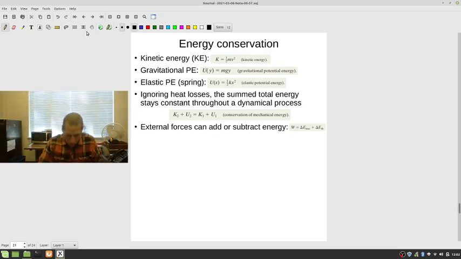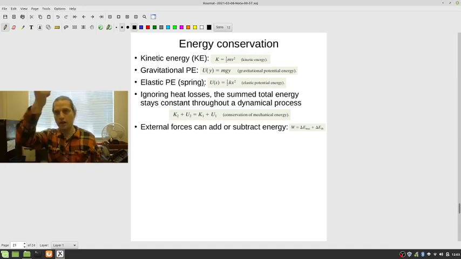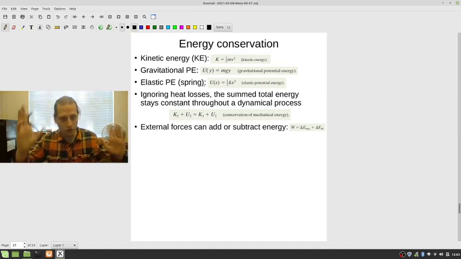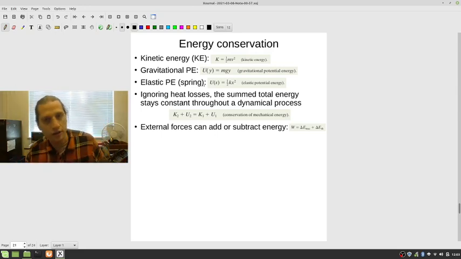And so the way that we've been conceptualizing problems here at the end of the unit is by simply saying we've got a bunch of different types of potential energy. We have the kinetic energy of our object, which is the energy of motion. Potential energy covers different types of energy having to do with the position of the object, so raising the object in the gravitational field, squishing a spring, things like that.